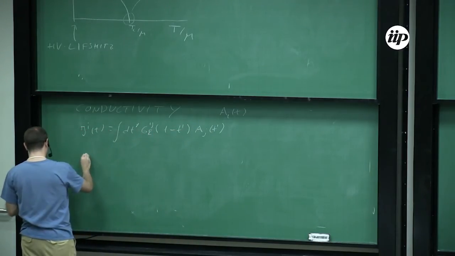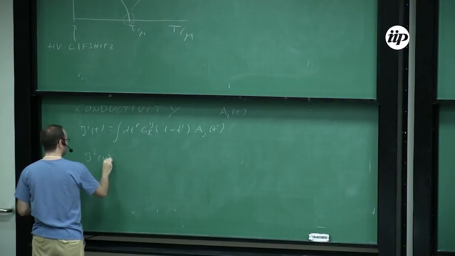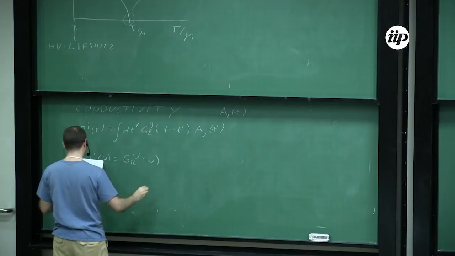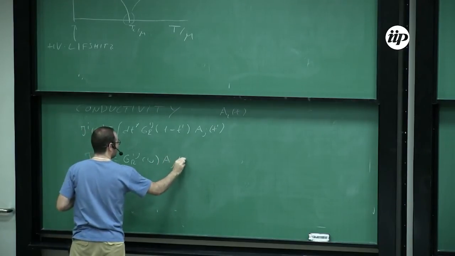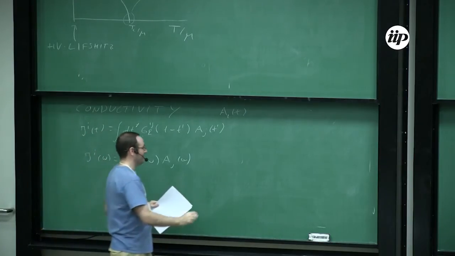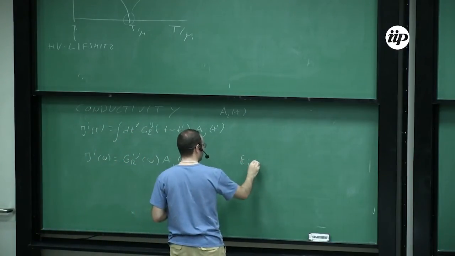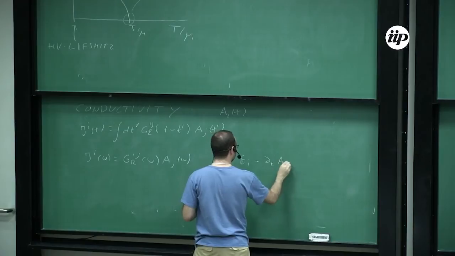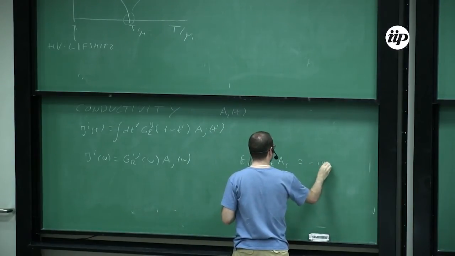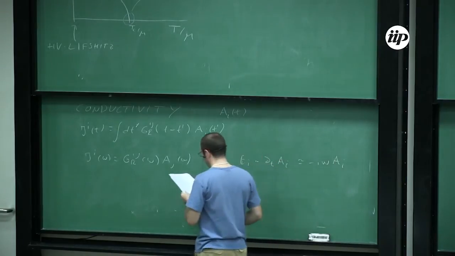If we Fourier transform, this is just the product of the Fourier transform of the source and the correlator. And then, as you know, the electric field is the time derivative of this gauge potential. So it's minus i omega times the gauge potential.